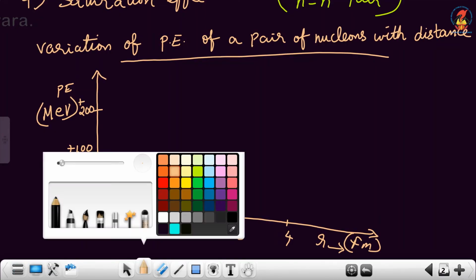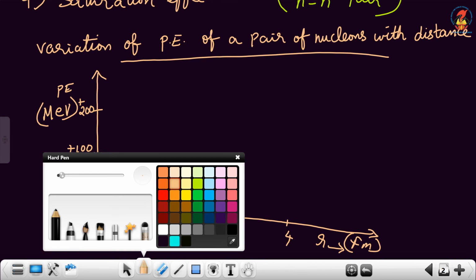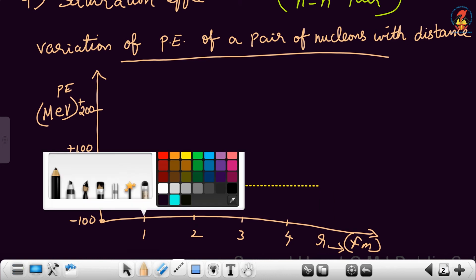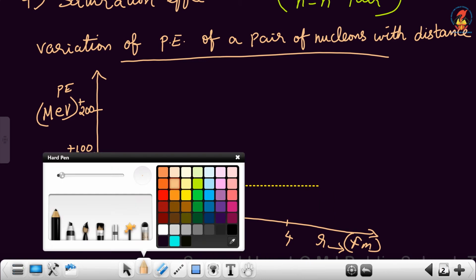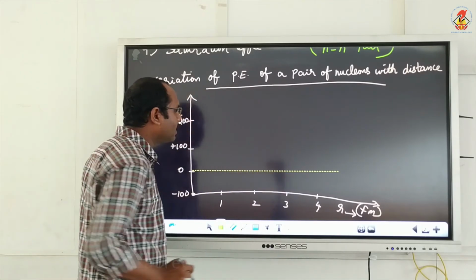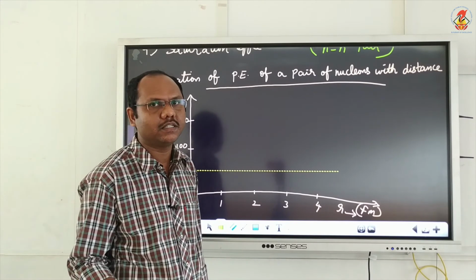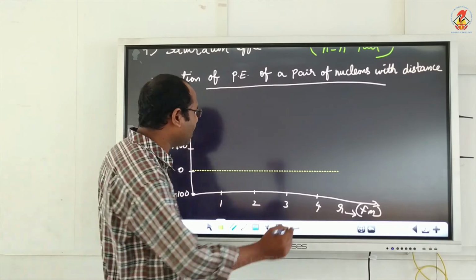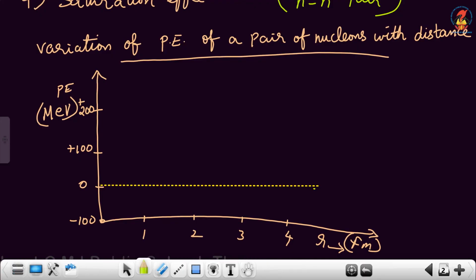So, there is no force of attraction, which means there is no potential energy. So, the potential energy is 0 after 4 Fm.